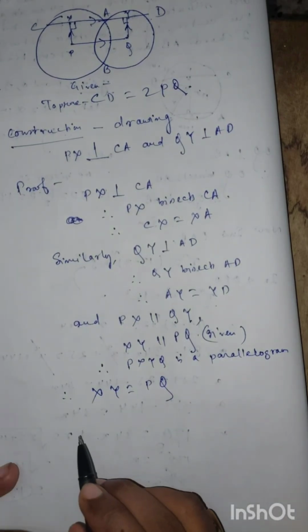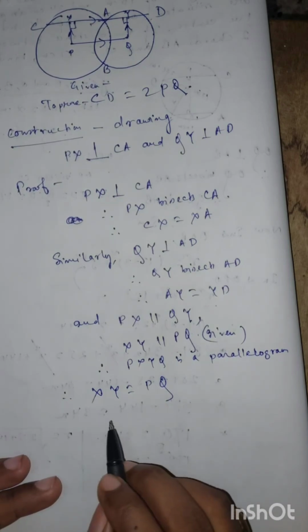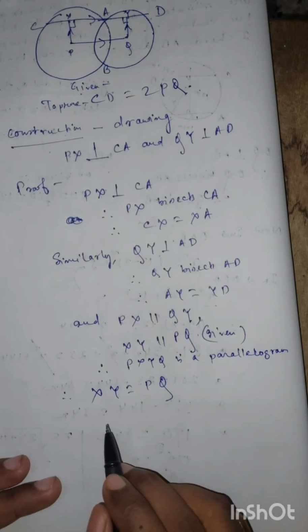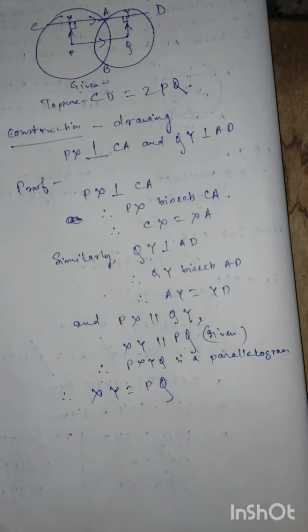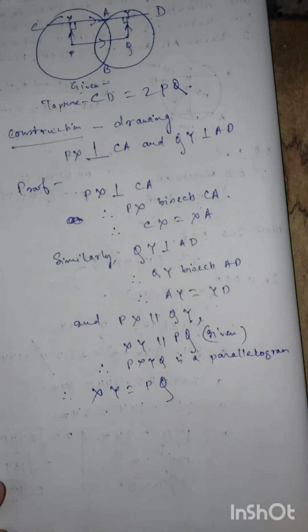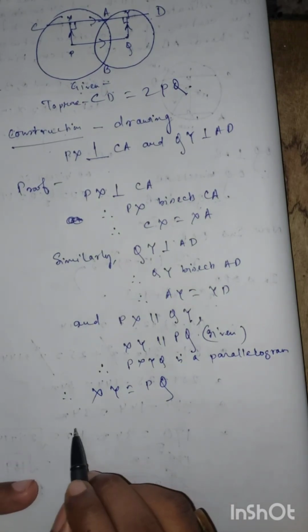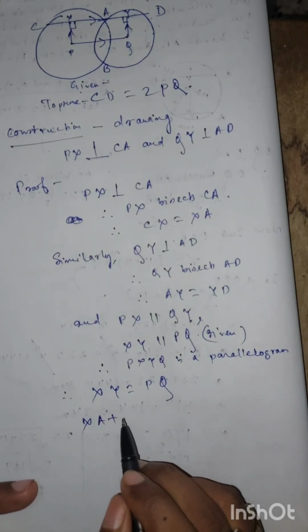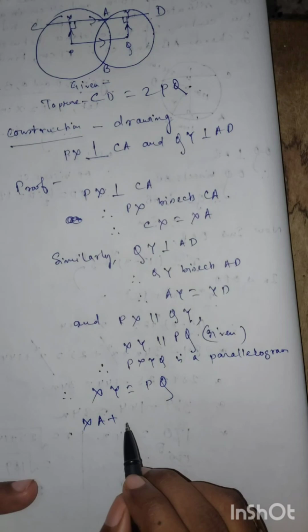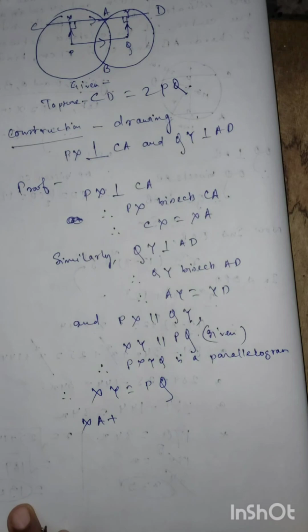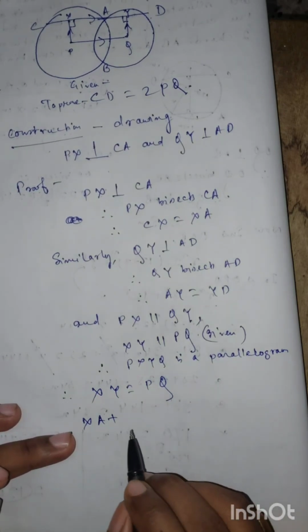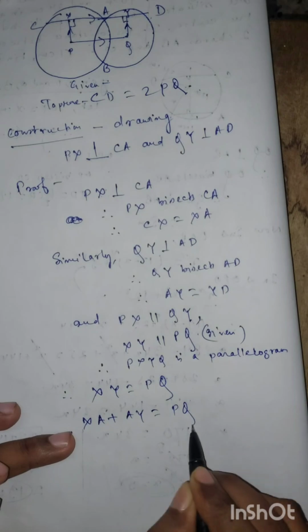Now, XY is equal to PQ. XY means XA plus AY equals PQ.